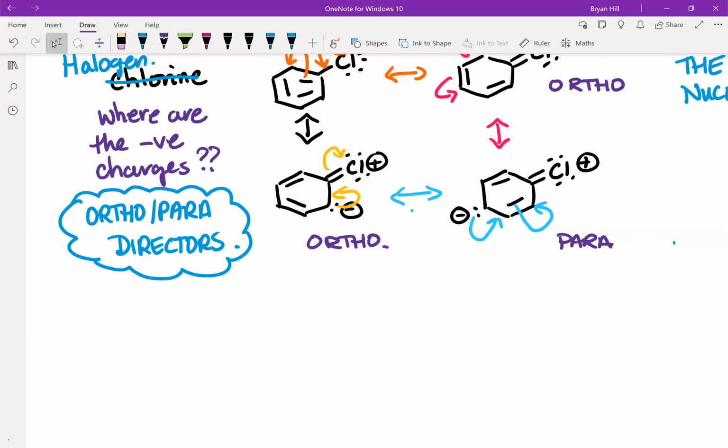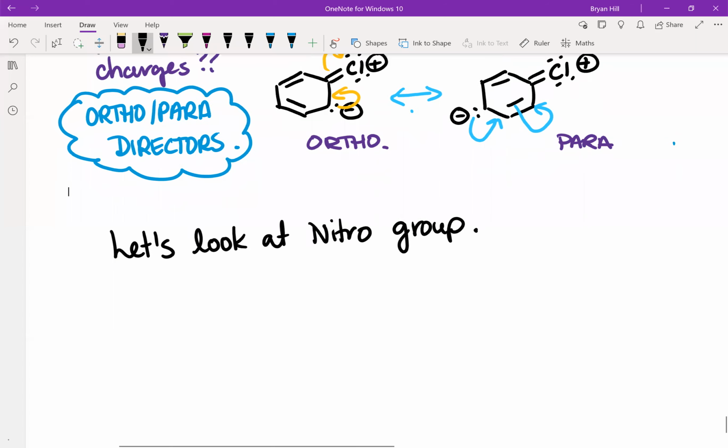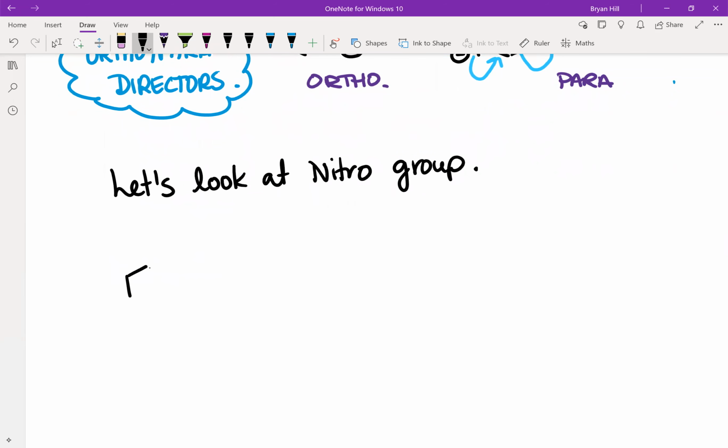Let's do the nitro one now. All right, and so our nitro group looks like this. Remember, this is one of the weird functional groups that's got a built-in formal charge, because we can't depict it accurately, because it's really a nitrogen 1.5 bonded to oxygen.